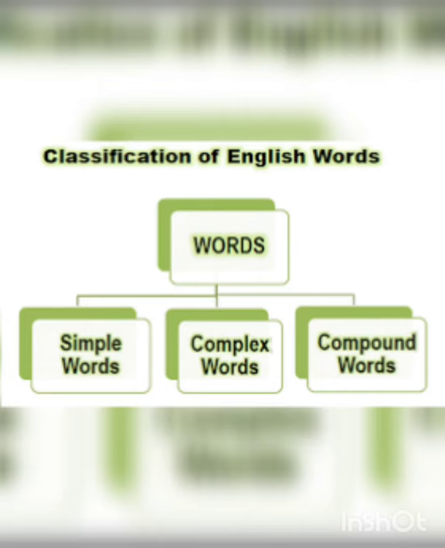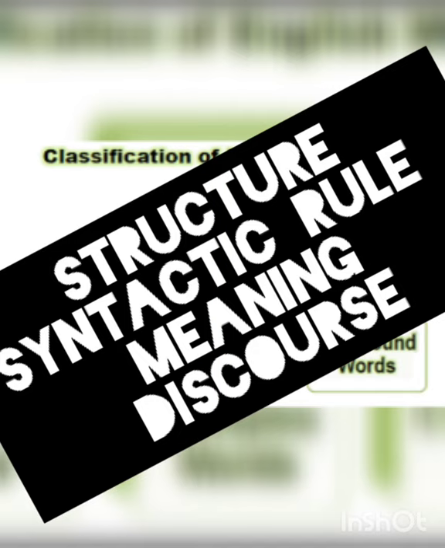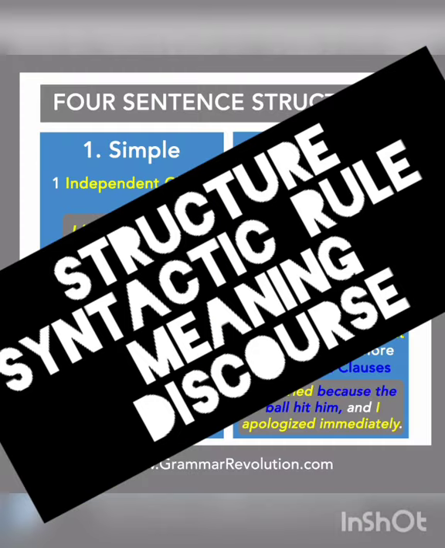Now we are going to talk about the four factors in which grammatical units are described. In general, grammatical units are described in terms of four factors: their structure, their syntactic role, their meaning, and the way they are used in discourse.